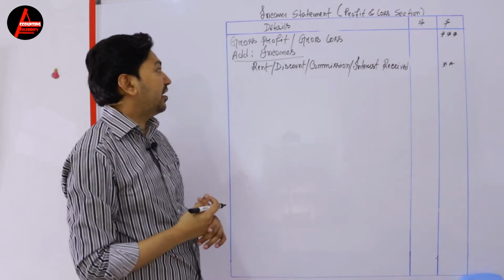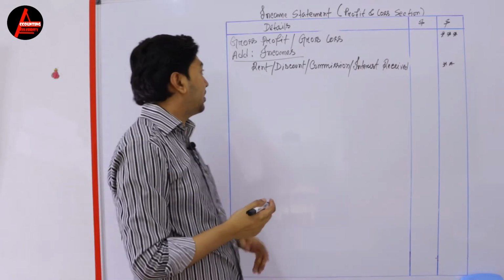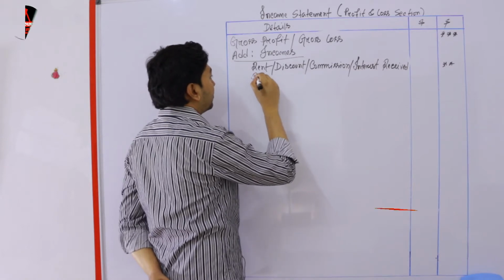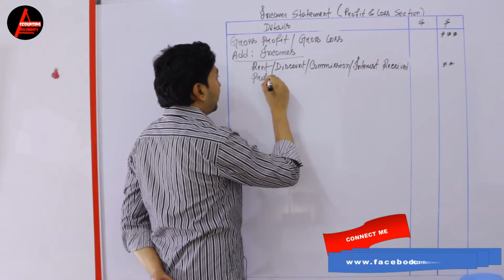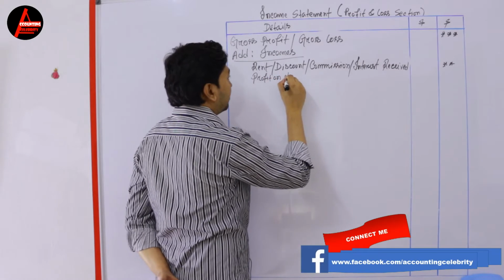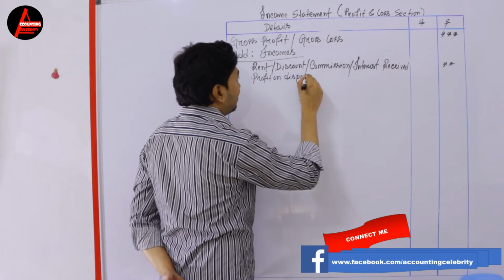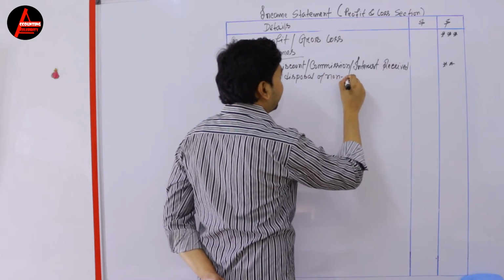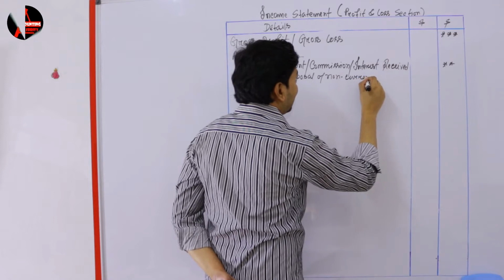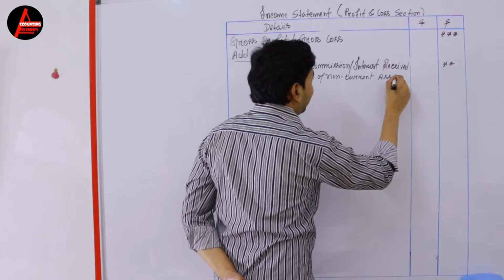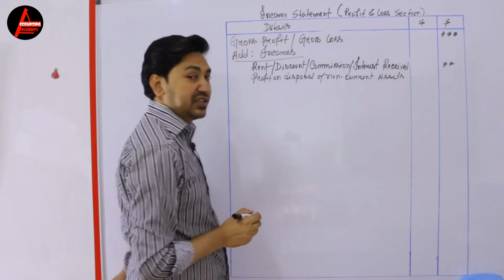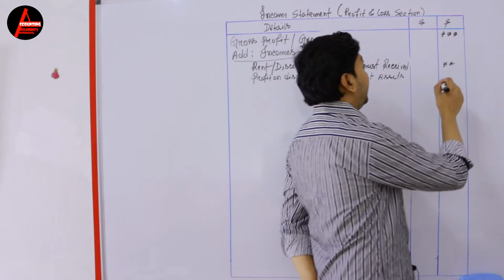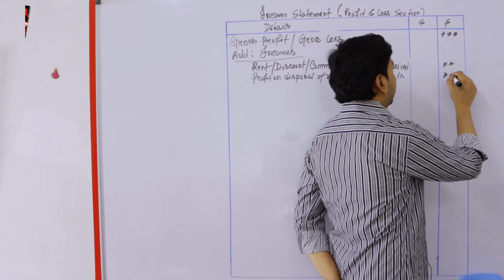Fine. After that, what do you need to write? You have to write profit on disposal of non-current assets. If you have this profit on disposal of a non-current asset, then you should write it in the income section.